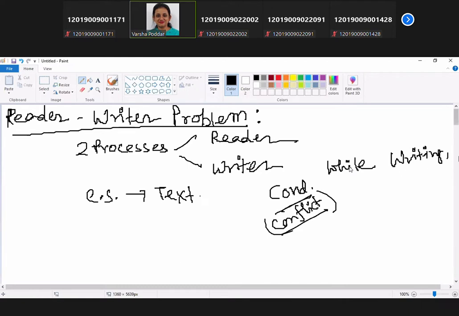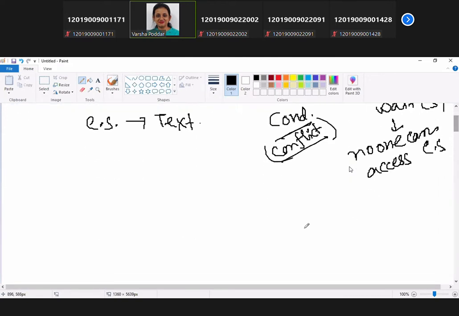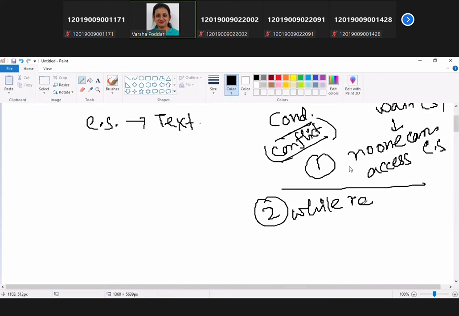So while writing, I will do a wait of S. So no one can access my critical section when I am writing. While reading, this is one condition. Second condition, while you are reading, read is allowed because read does not clash.